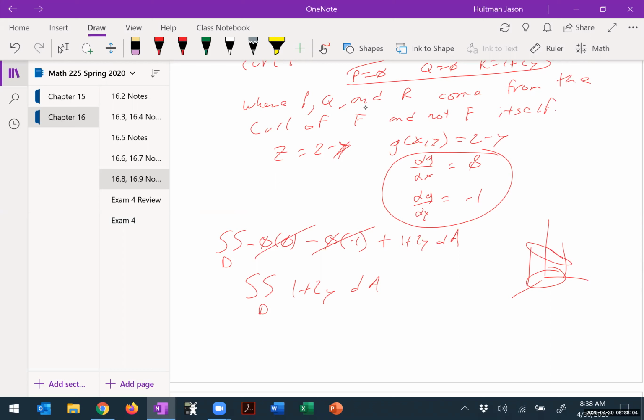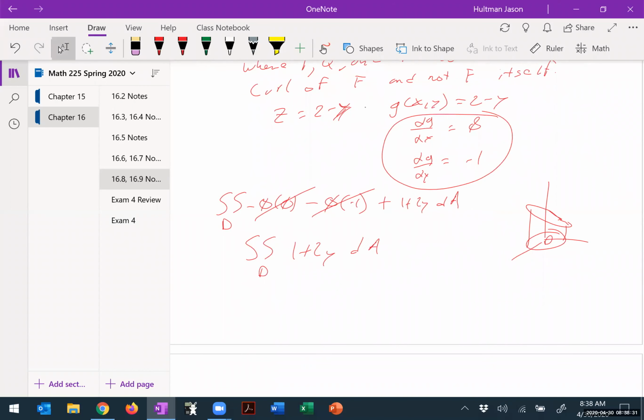Again, if we were to slice this thing like so, the projection on D is a circle, and so we want to use circular coordinates, which we call polar coordinates, right? So we want to change this guy into polar coordinates.